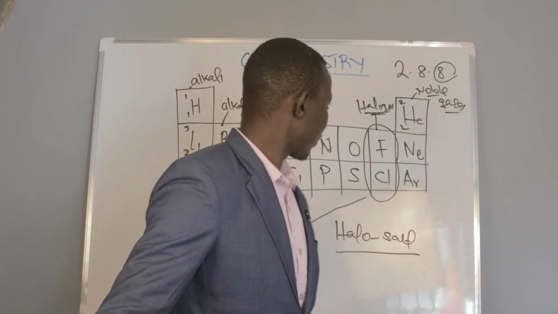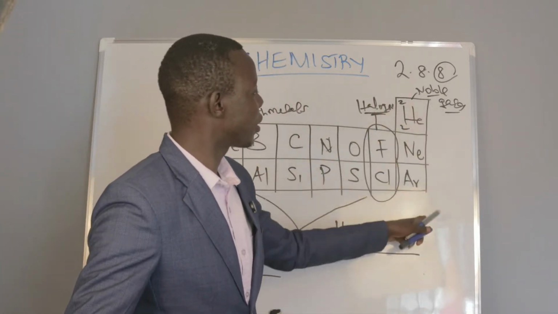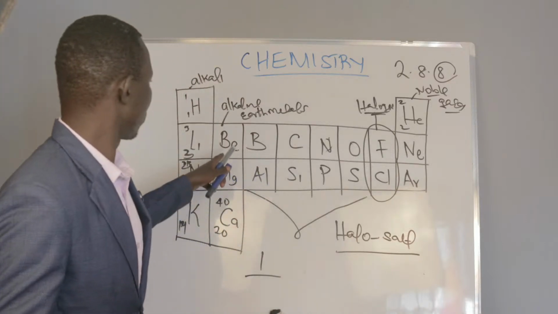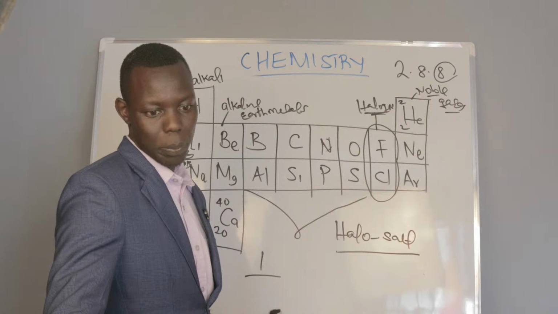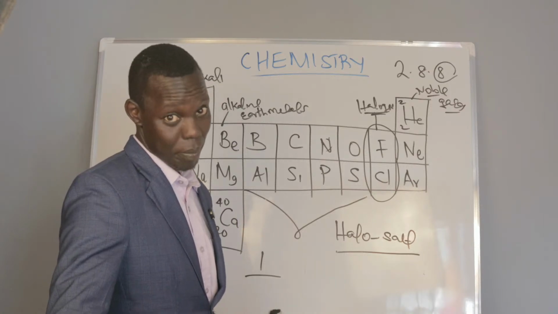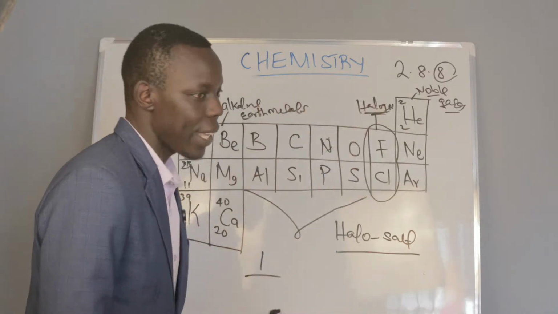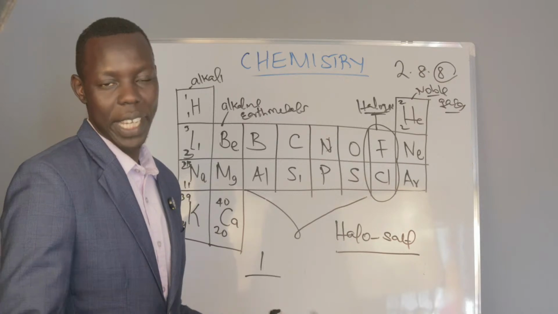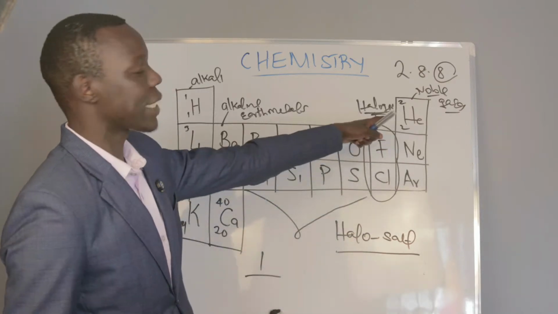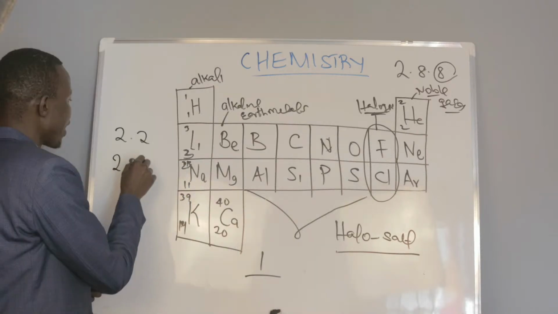Now this helium can be found in group 8 or group 2. How is that possible? How is the helium found in group 8 and group 2? Remember, group 8 elements are all stable. They do not gain, they do not lose. They cannot gain, they cannot lose. Hence helium, 8, 2.